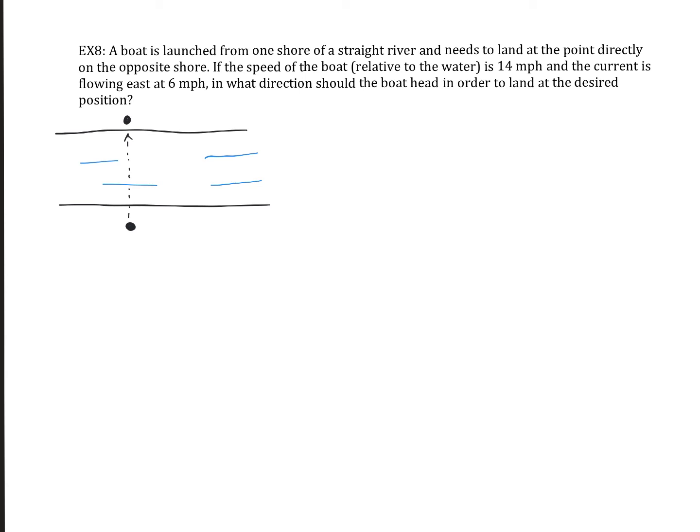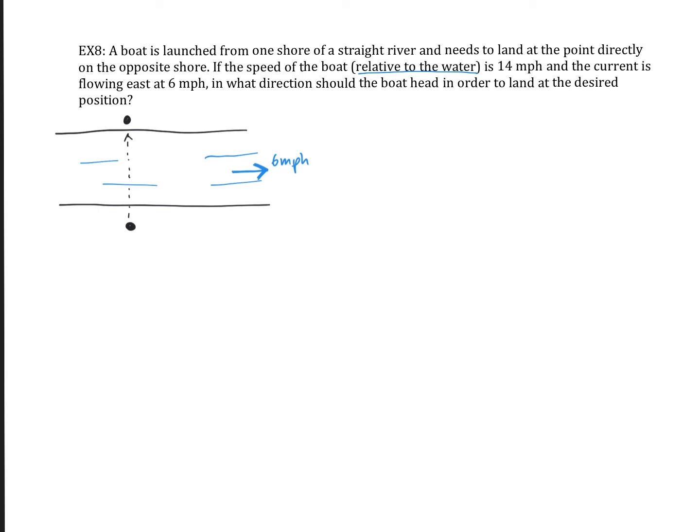Okay, so let's say, for my drawing, that the river is heading in that direction. And what do we know about the river? It's heading that direction. How fast? 6 miles per hour. Once again, the speed is also considered the magnitude of our vector. Now, when we're saying relative to the water, this is talking about the water not affecting it. So it's the water not affecting the speed of the boat, which would be 14 miles per hour.